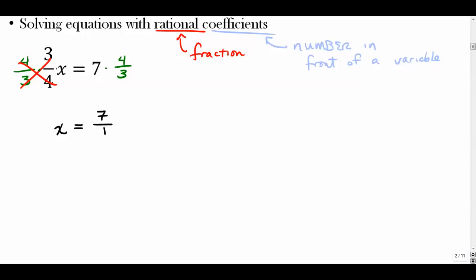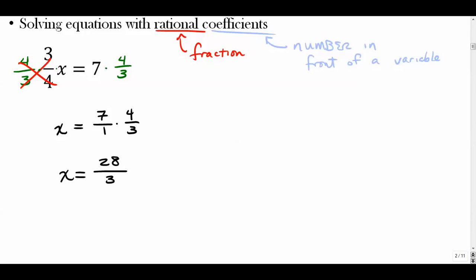I'll rewrite that as 7/1 times 4/3. So x is equal to across the top and across the bottom, 28/3. And I'm going to leave that as an improper fraction. I don't want to necessarily convert it to a mixed number or a decimal.